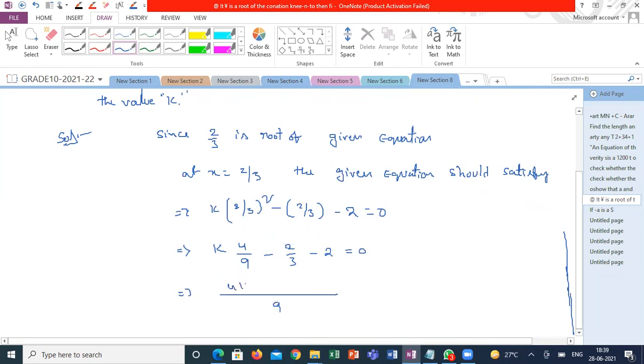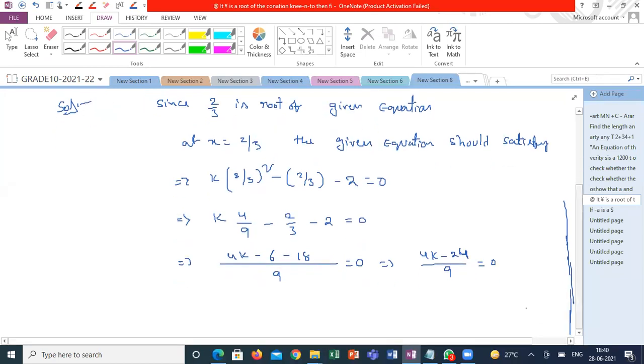So this is 4k. This is how much? 3 threes. So this is 3 into 2, 6, minus 9 into 2, 18, is equal to 0. So this will be 4k minus 24 by 9 is equal to 0. Till here you got it? Understood? Yes, sir.